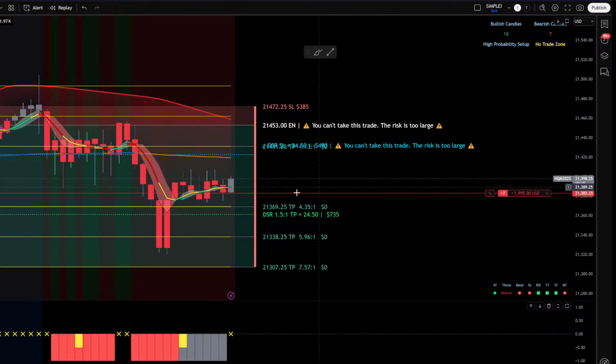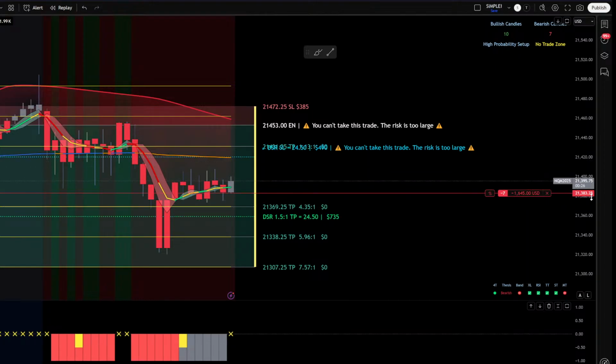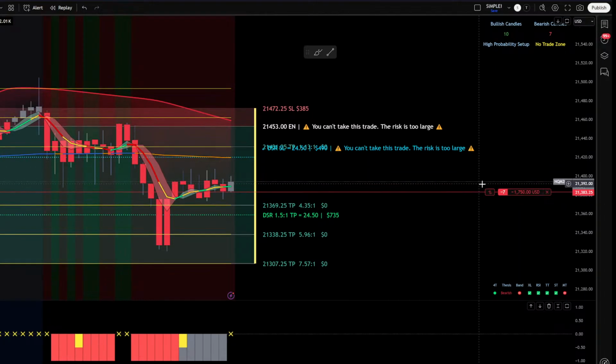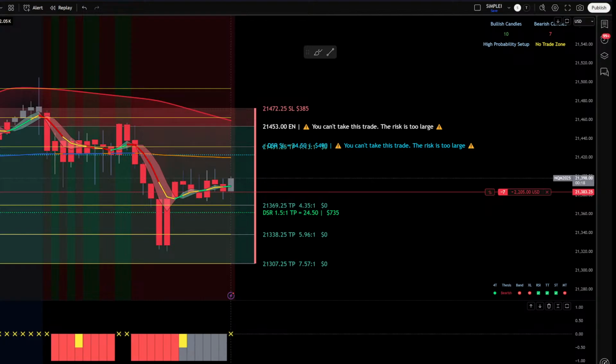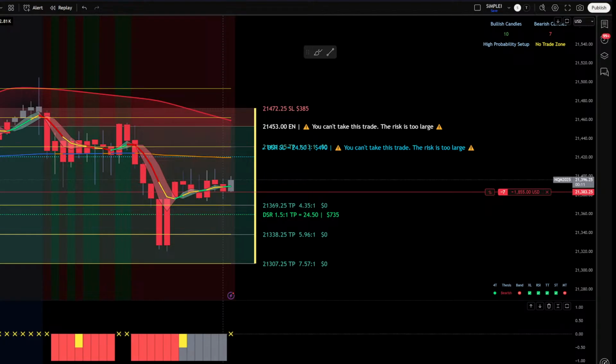Just mass consolidation here. Interesting. It's got to break 50 here, guys. It's got to break 50. Otherwise, this is just drawdown, right? Let's see if we get the break over 50.